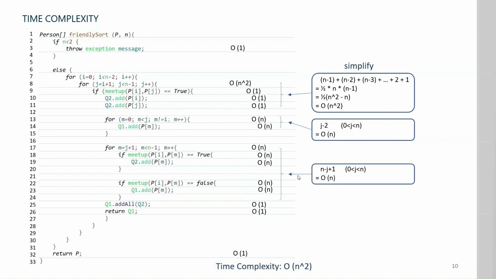The next for loop from line 17 to 24 will iterate n minus j plus 1 times, so it simplifies to O(n) as well. The return steps are just O(1). So overall, we have O(n squared), O(n), and O(1). The total time complexity will be O(n squared), dominated by the nested loop here.